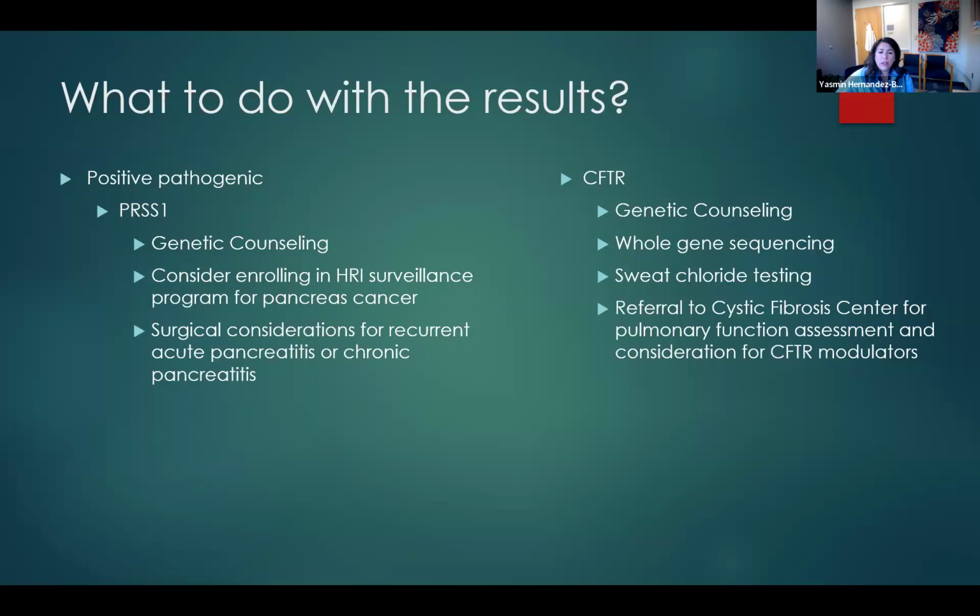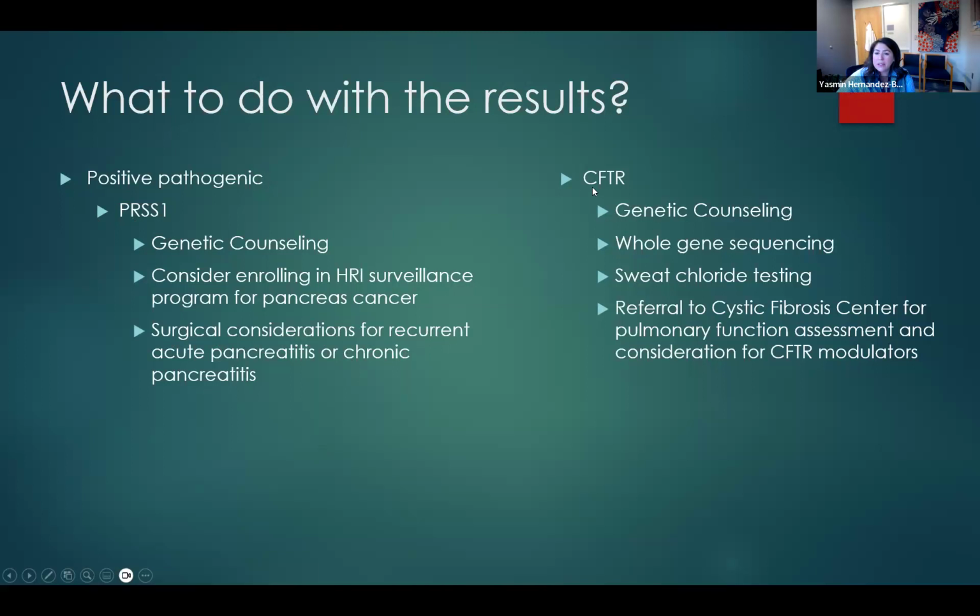But these patients, you want to consider enrolling them in a high-risk individual surveillance program for pancreas cancer at least 10 years after their first episode of pancreatitis and 10 years younger than the onset of pancreatitis in their family. And knowledge of having this mutation may change your surgical considerations for patients that need surgery, because you may need to consider a total pancreatectomy in these patients.